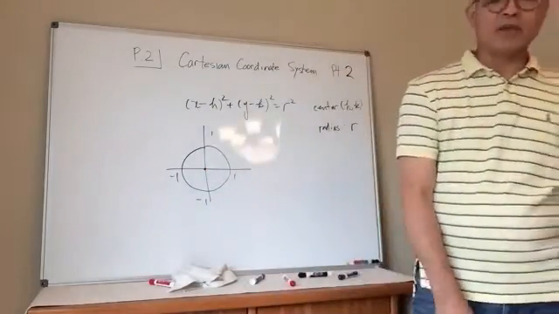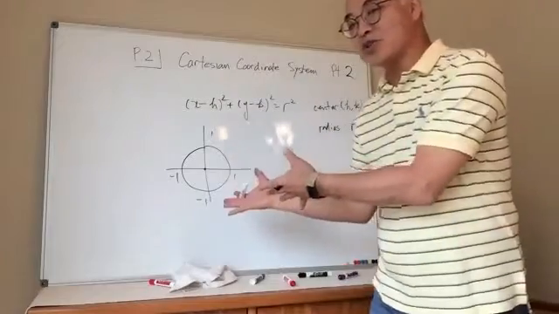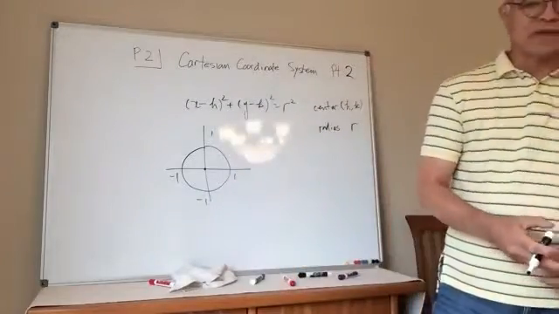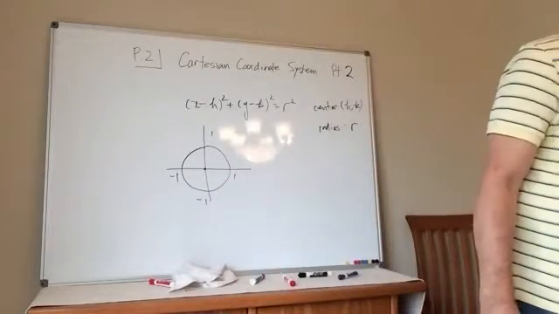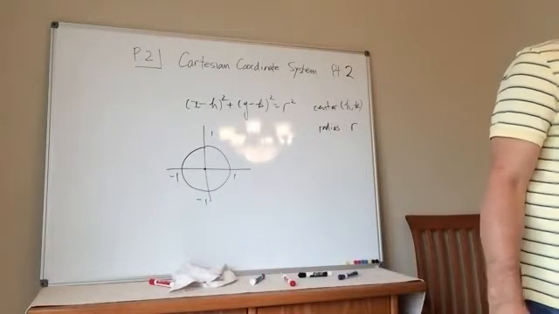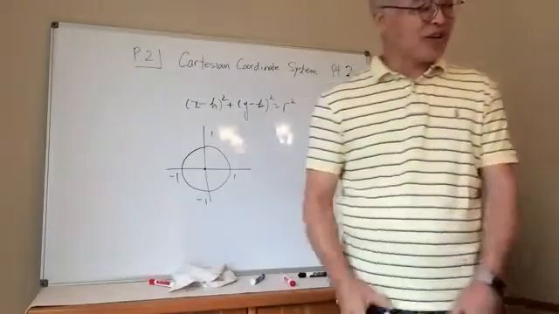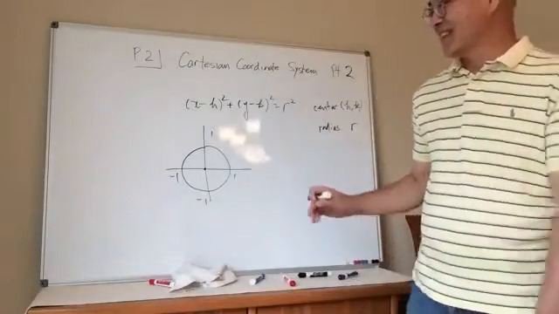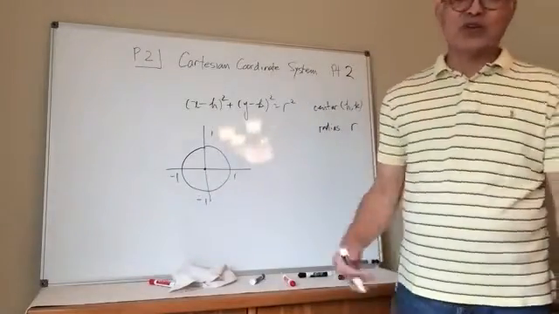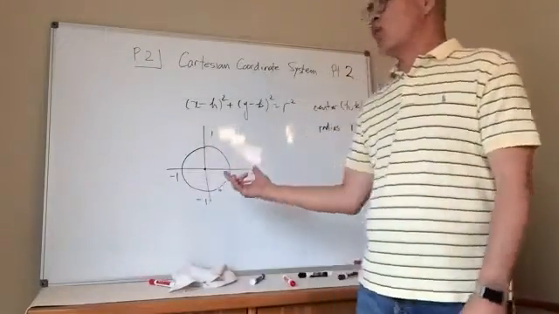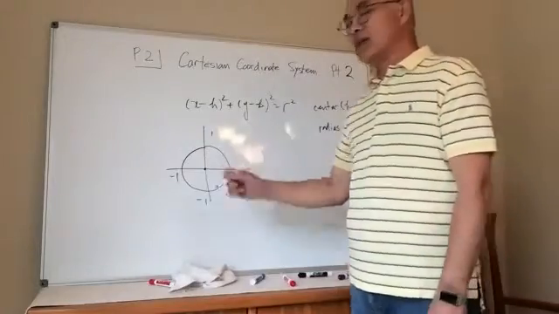Can anybody tell me what we call this circle? There's a special name for this circle. No takers? All right, this is called the unit circle, because the radius is 1 and it's centered at the origin.